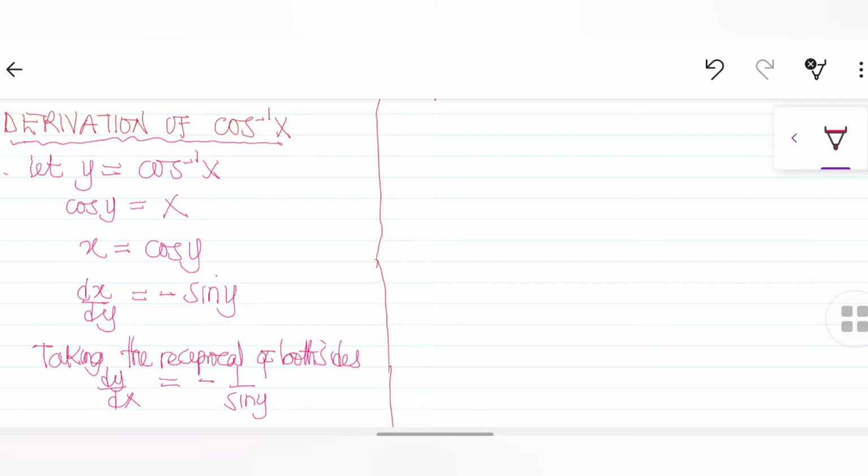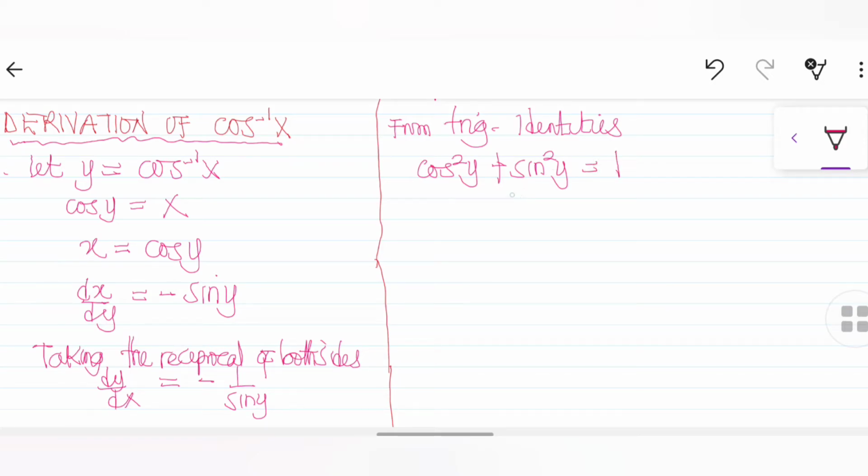But don't forget that we are asked to differentiate cos inverse of x. Now I have already found my dy/dx, but it is in terms of sine y. So let's apply what we know from trigonometrical identities, so that my function is going to be in terms of x as well. From trigonometrical identities, we know that cos squared y plus sine squared y is going to give me what? 1.